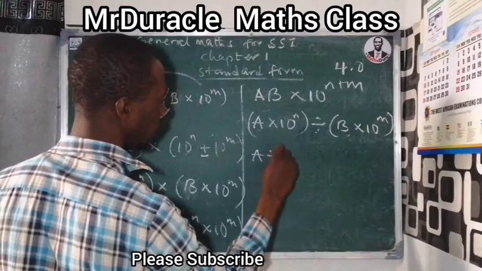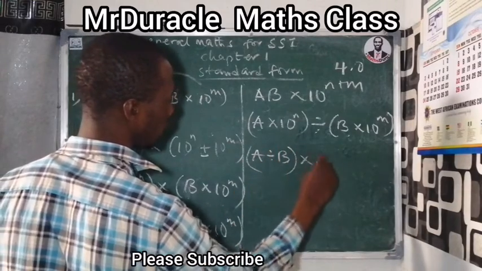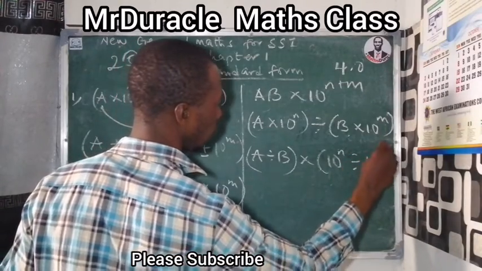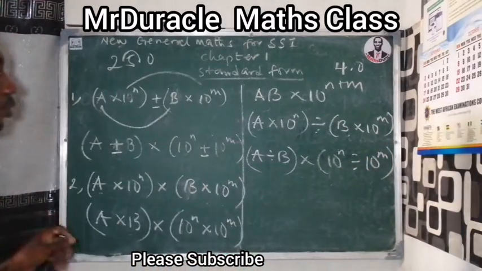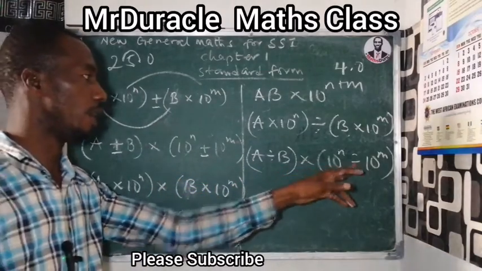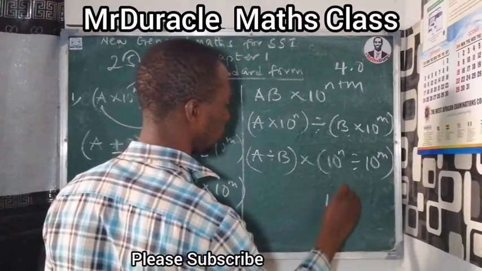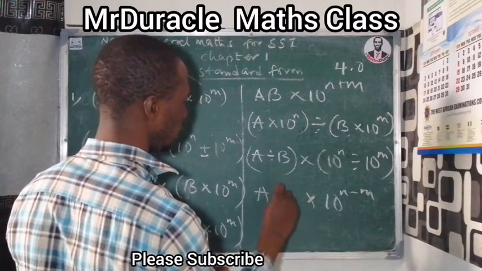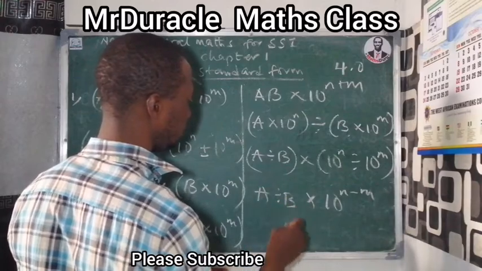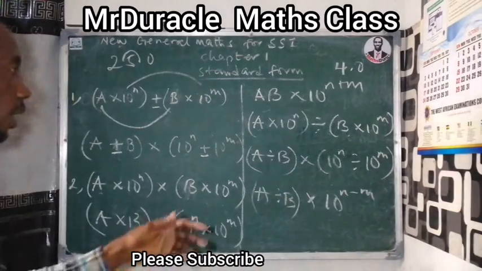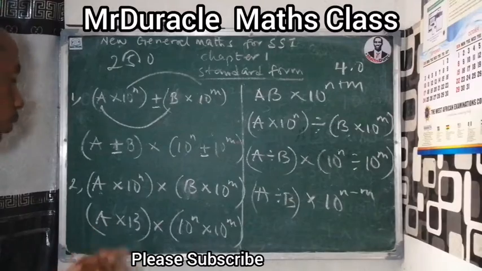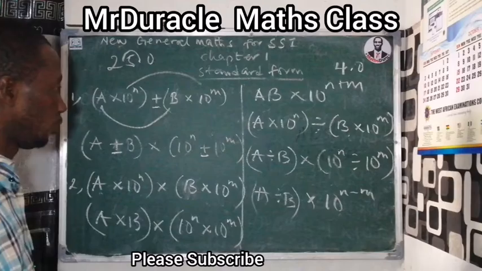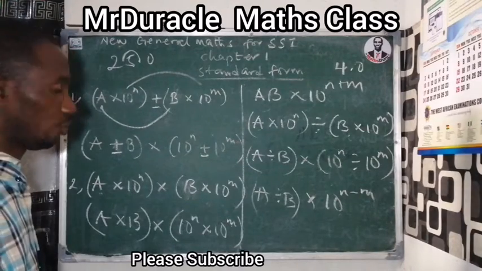You have A divided by B, then times 10 to the n divided by 10 to the m. So you can divide them. Remember, according to indices, you subtract the powers, then A divided by B, and so on and so forth. So please take note of all these things because questions like this will be asked. You should not find it difficult to solve.